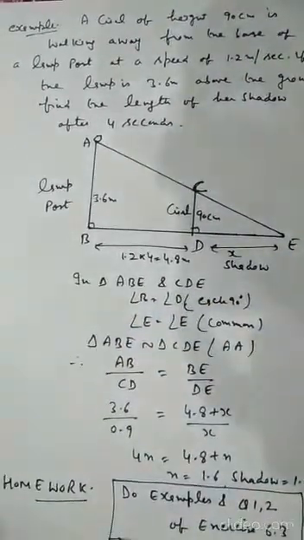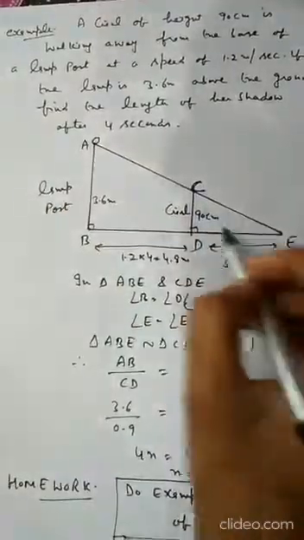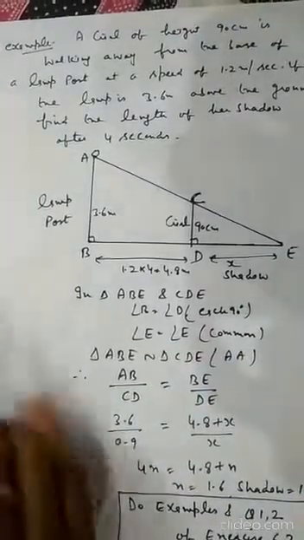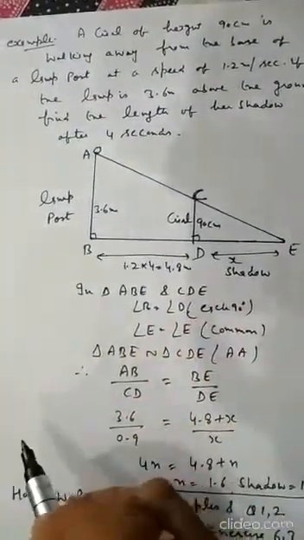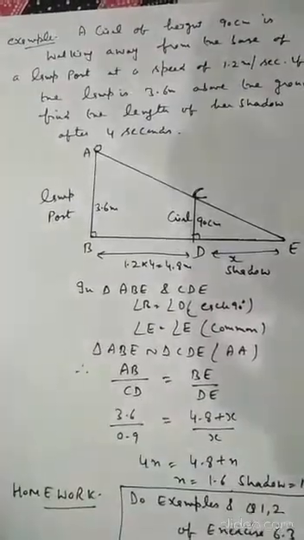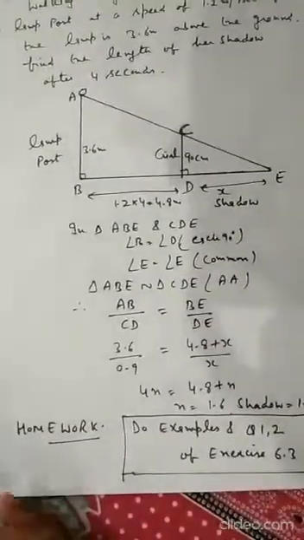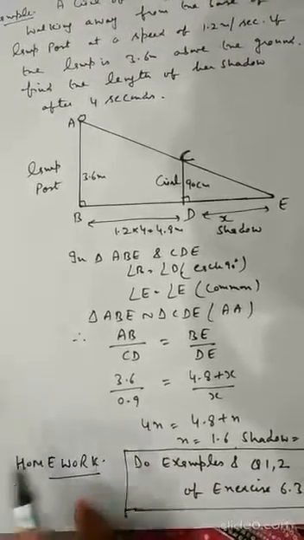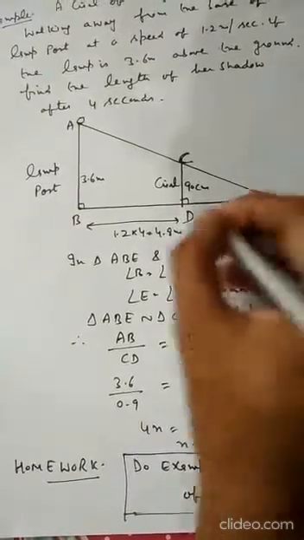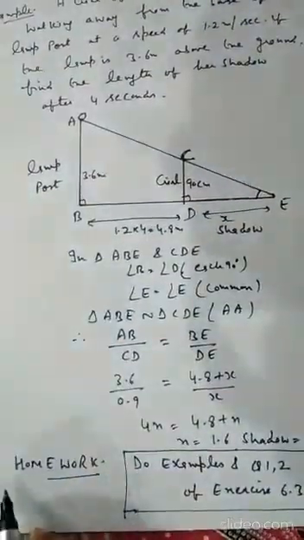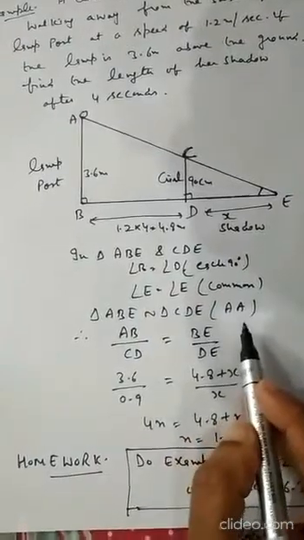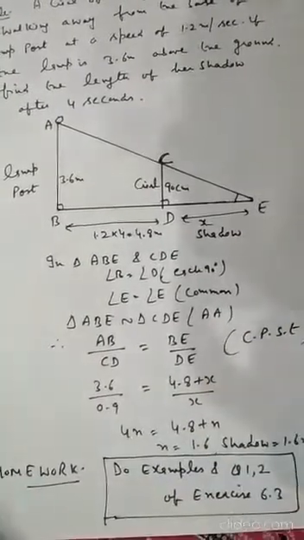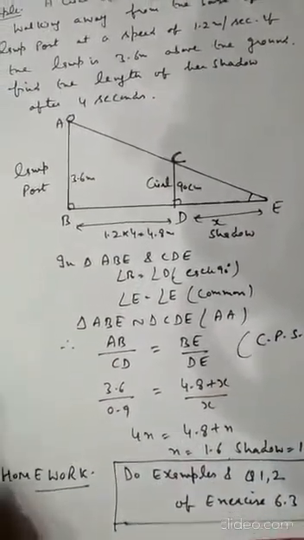So if I look at triangles ABE and CDE, angles B and D are each 90 because the lamp post and the girl both are standing vertically. Angle E is common. In this way, triangle ABE is similar to triangle CDE by AA. One common angle and the second angle is 90 each. It means the triangles are similar. When triangles are similar, the ratio of corresponding sides is equal. How to take the ratio?